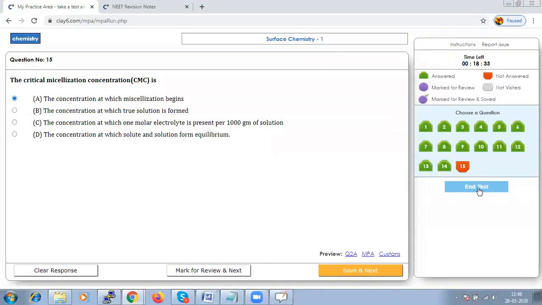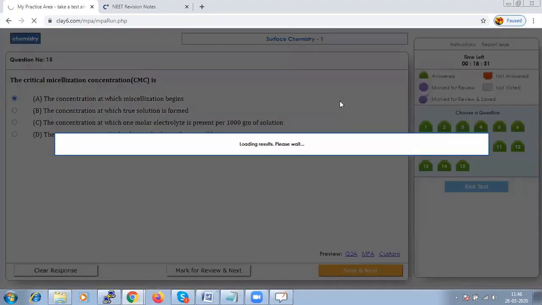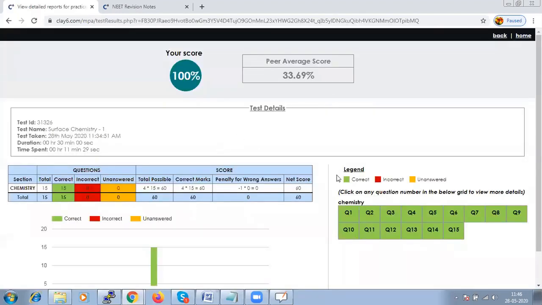Let us end the test. So here we have done all the 15 questions correctly. But in case we are going wrong anywhere, the questions will be indicated red in color, and if you leave any question unattempted, it is indicated orange in color.